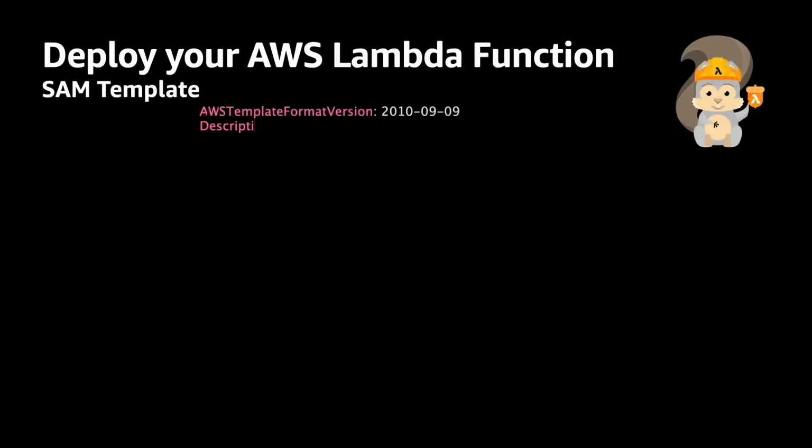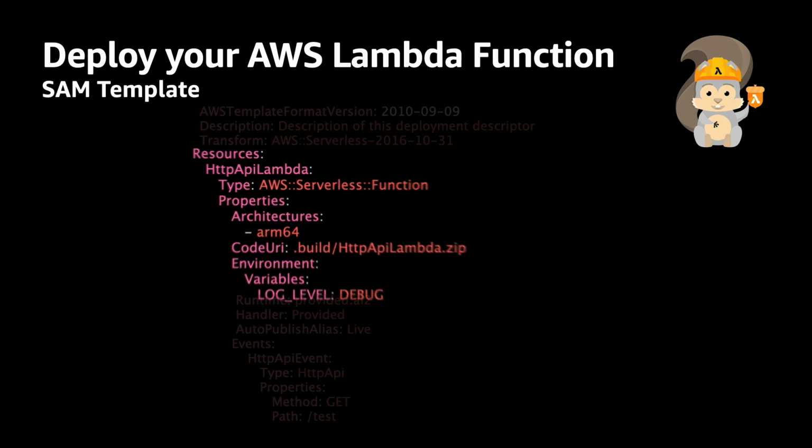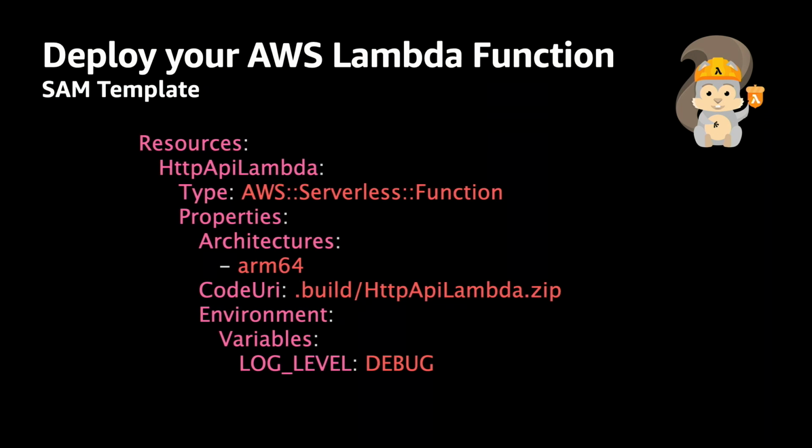So you create a template. It might be a bit long like that, but let's zoom on the specific part. You define your resource, the name of my function, the type that says to SAM, hey, this is a Lambda function. The properties, and without surprise, you're going to find the same properties as in the console. So you will have architecture, for example, the path to my zip file, environment variables, and stuff like that.